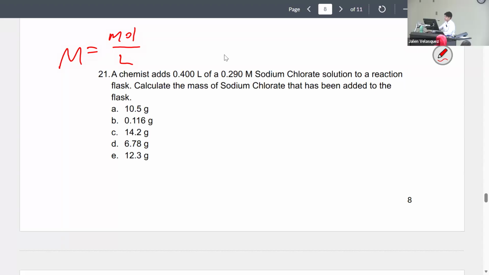grams. In order to solve this, you need to know the formula for sodium chlorate, right? Because you have to figure out the molar mass. So what is sodium chlorate?